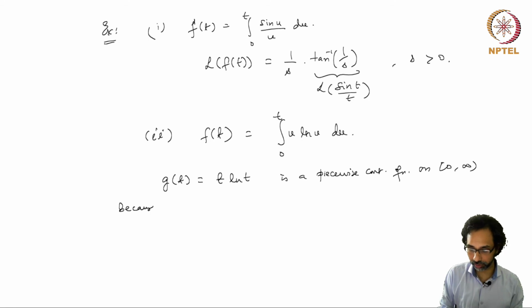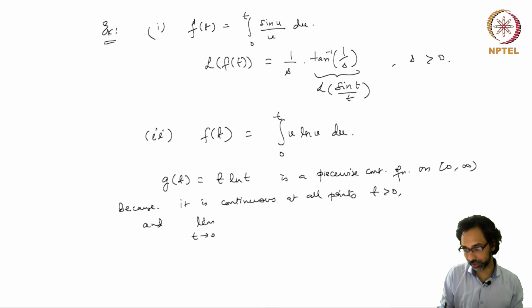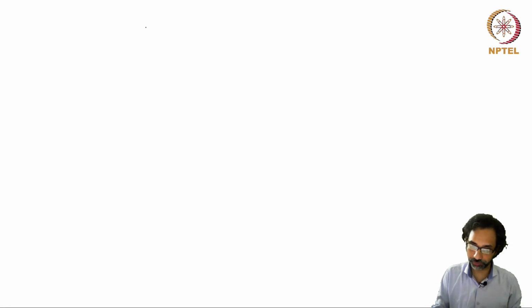Because if t is greater than 0 there is no problem, so it's continuous at all points t greater than 0, and the limit as t tends to 0 plus of g(t) is simply 0.